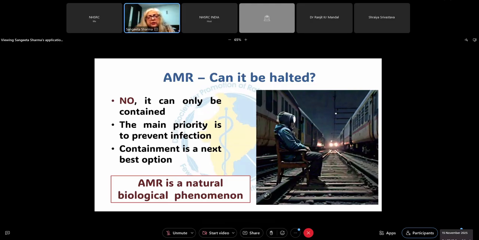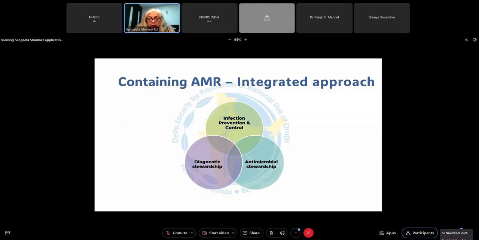So we need to be very careful about this. Containing AMR therefore requires an integrated approach with antimicrobial stewardship, infection prevention and control, and diagnostic stewardship. Because most of the time we all understand IPC, and we are all trying to implement this wherever we are working.